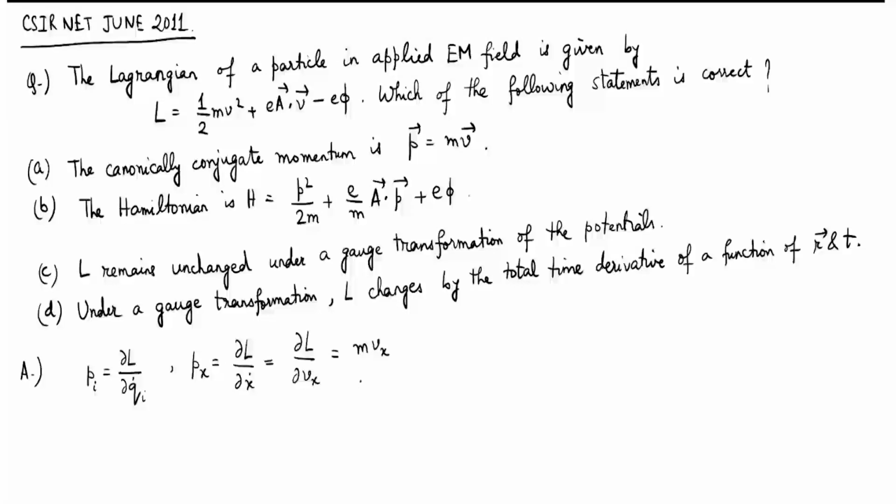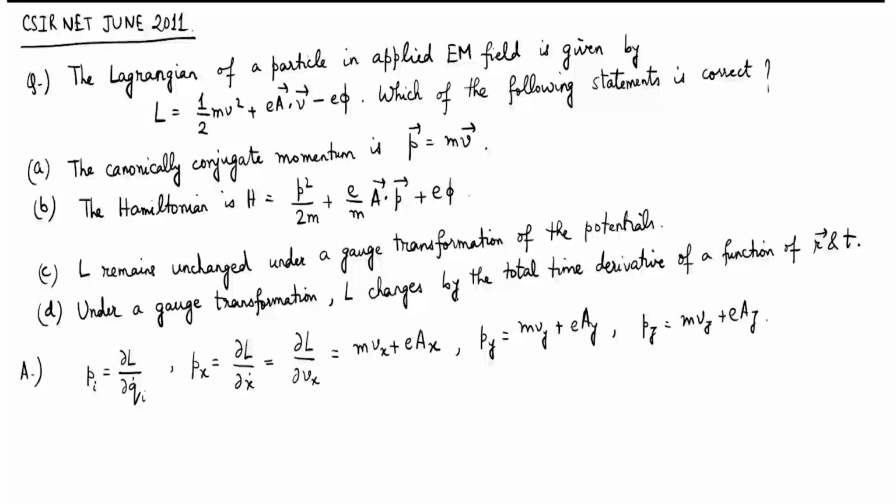Plus eAx. So Px is mVx plus eAx. Py is mVy plus eAy. And Pz is mVz plus eAz. Right?